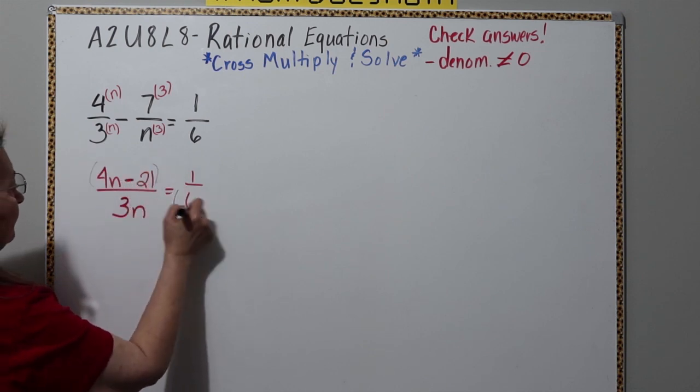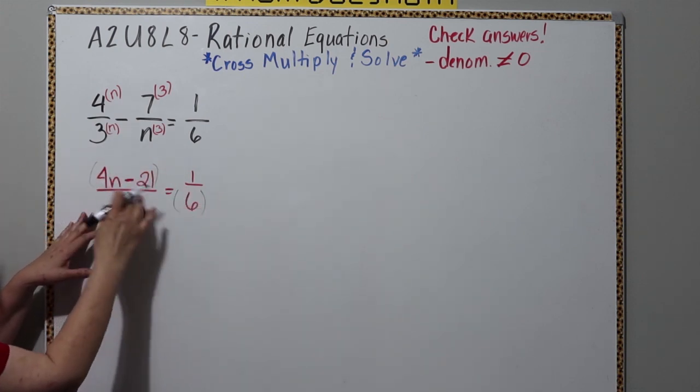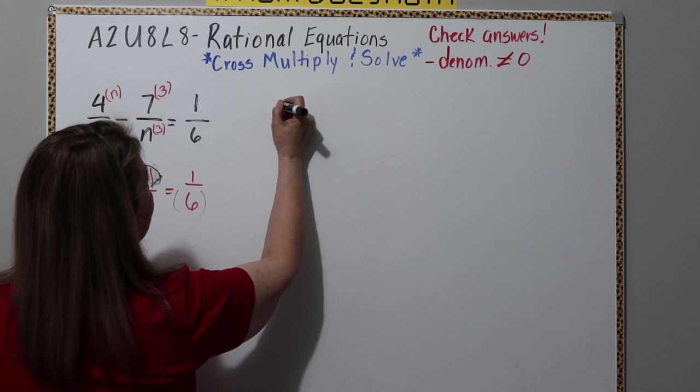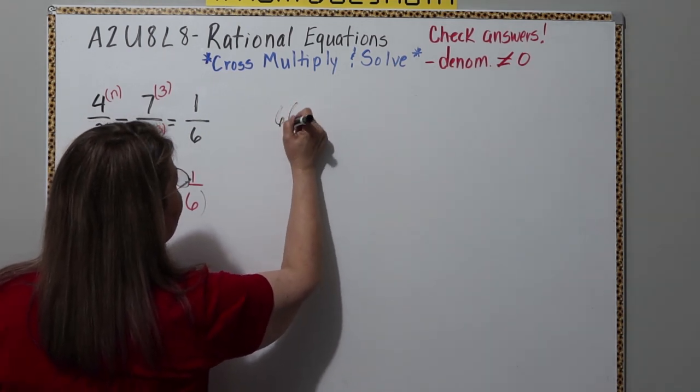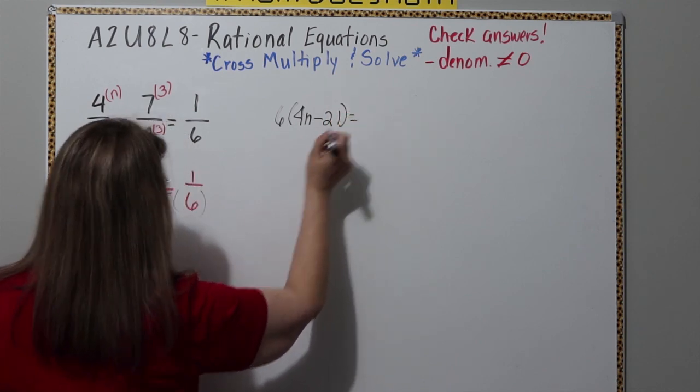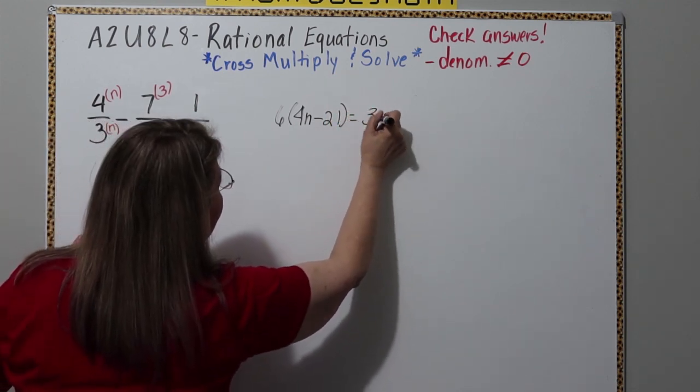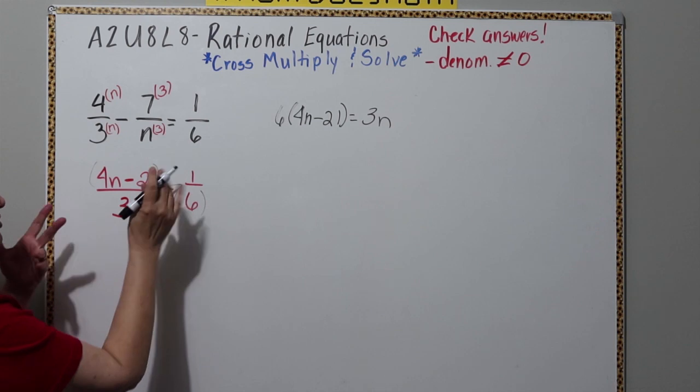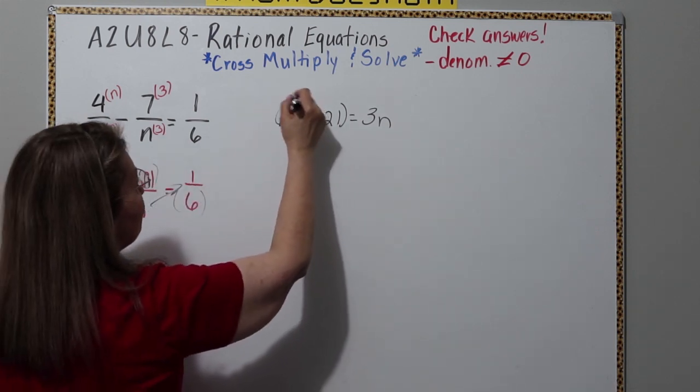So here's my first thing. I'm going to multiply 6 times that 4n minus 21. So I've got 6 times 4n minus 21 equals 3n times 1, which is just 3n. All right, now let's simplify.